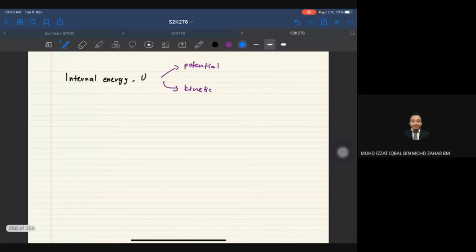But if you guys still remember, ada assumption tu yang dia kata the force between the molecules is negligible. So the potential energy we assume that is negligible as well. So this one is because of the assumption made.